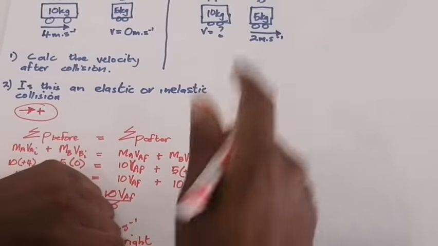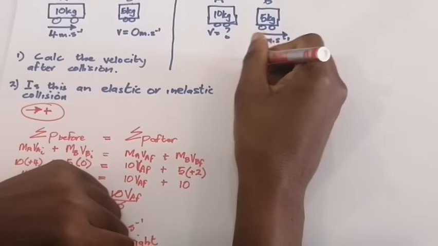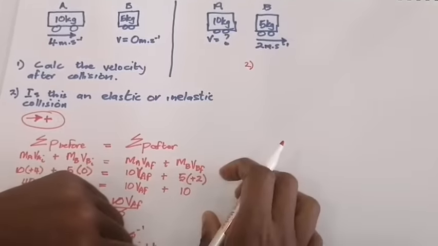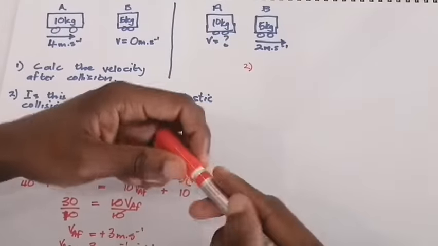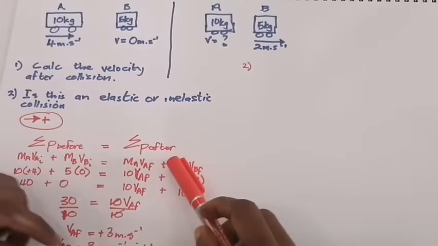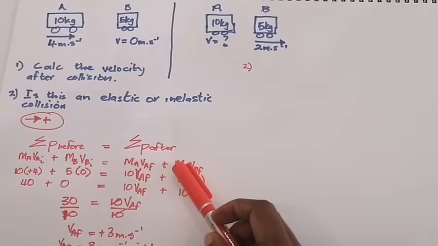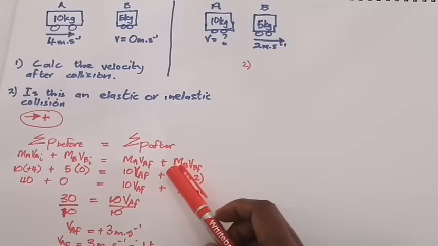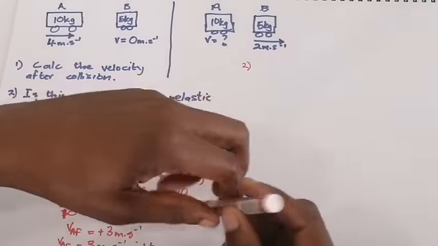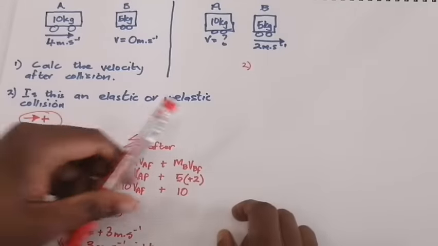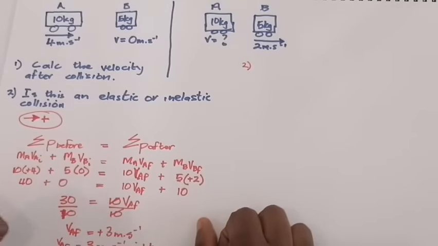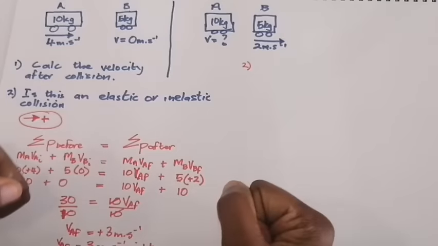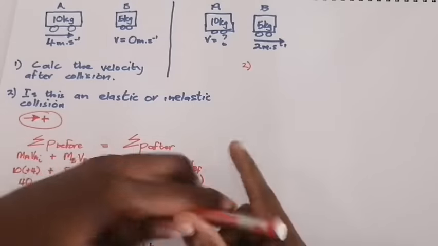Now to answer the second question, they ask us, is this an elastic or inelastic collision? What does it mean when I say that a collision is elastic or inelastic? I want you to notice that whenever two things collide, and by the way, when you use the word collide, it's not necessarily meaning a physical crash, boom, bang between two things.